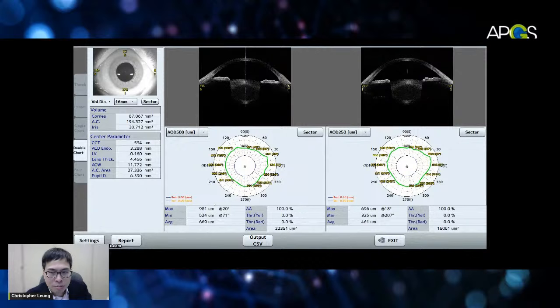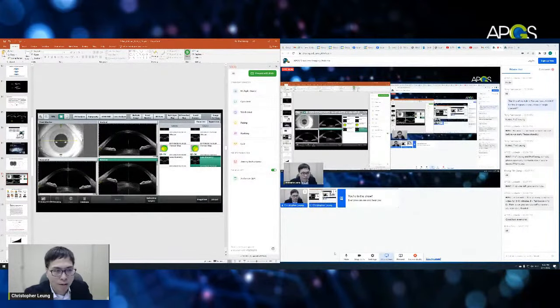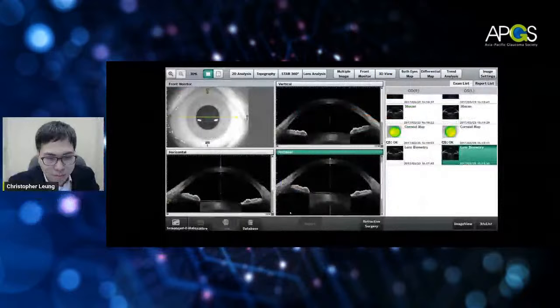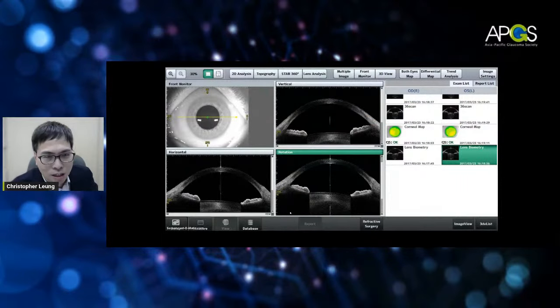Here are examples demonstrating the polar plots, with 36 angle locations and AOD 500 and AOD 250 reported. Obviously, you can have different quantification measurements, TISA, TIA, but this just gives you an idea of what STAR can do for you.